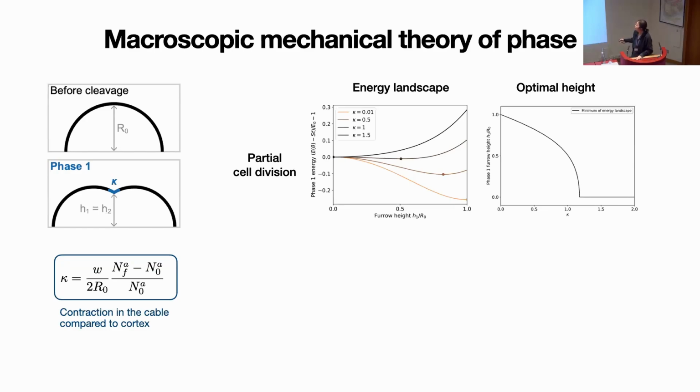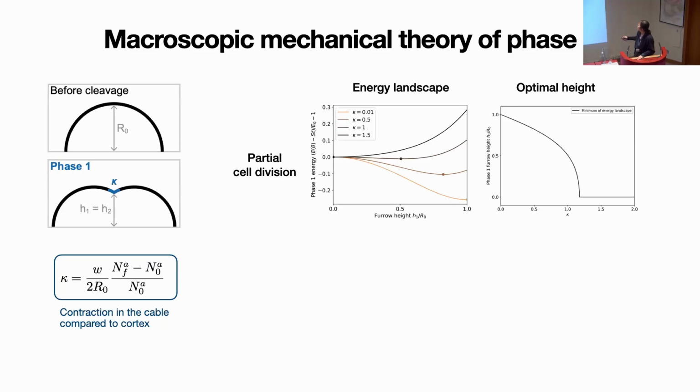As you crank up the contractility, the minimum of the energy moves from h1 equal to r to h1 equal to 0, and h1 equals 0 means you have completed the cell division. In fact, if you plot the minimum of this energy landscape as a function of kappa, you can see that it undergoes a continuous phase transition.